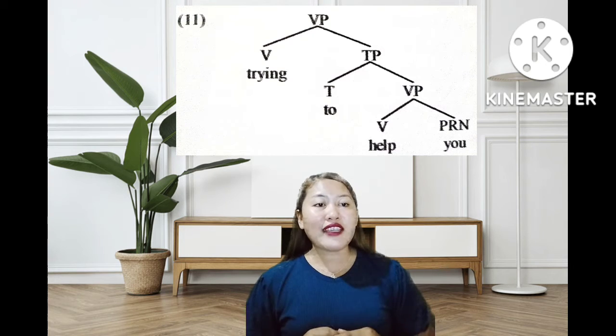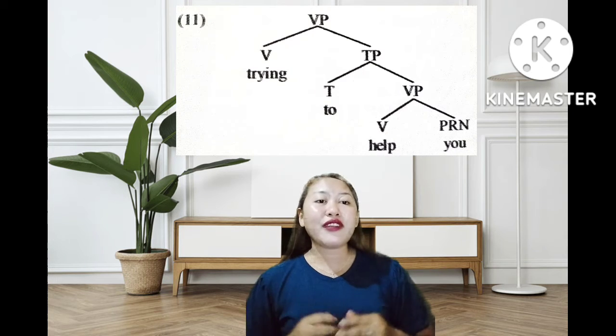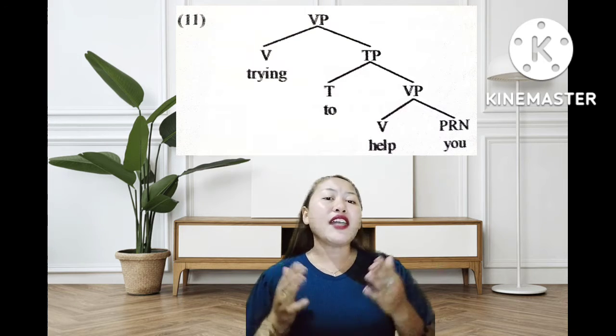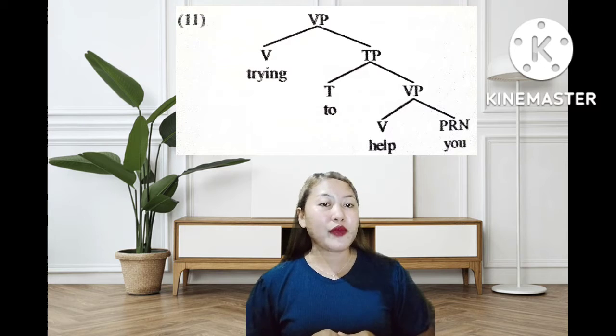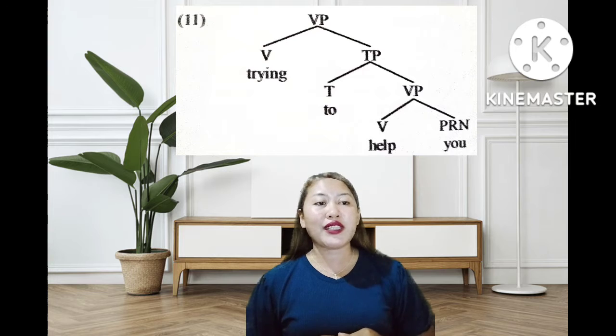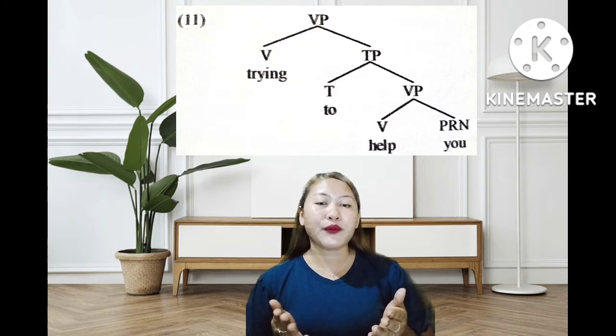The tense phrase to help you branches into two immediate constituents, the non-finite tense particle to and the verb phrase help you, and the verb phrase trying to help you likewise branches into two immediate constituents, the verb trying and the tense phrase to help you.